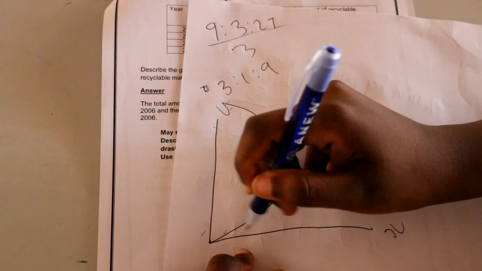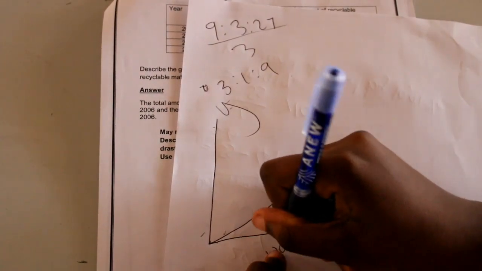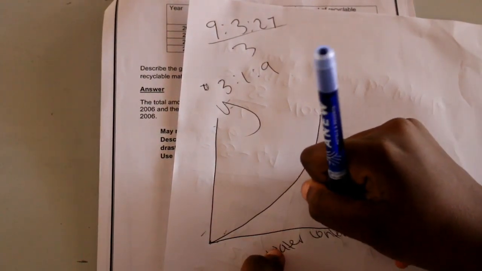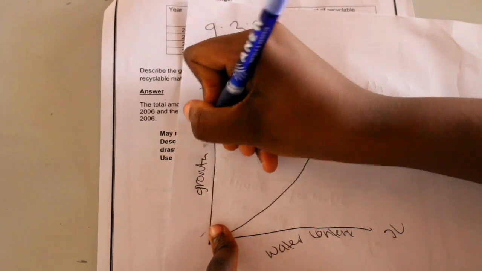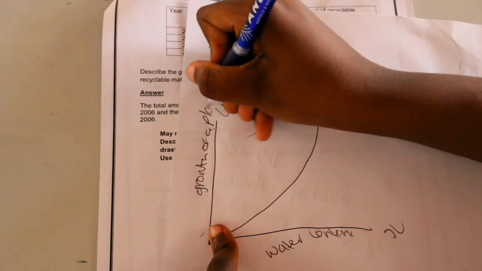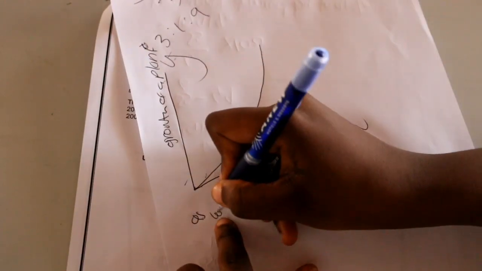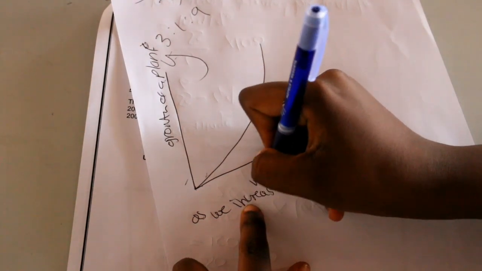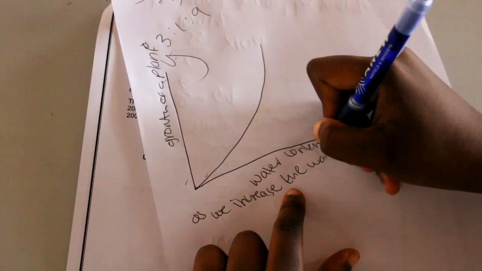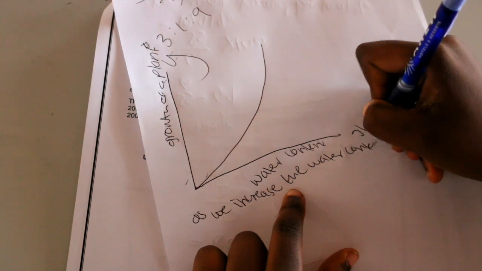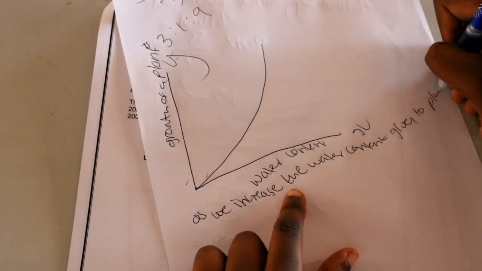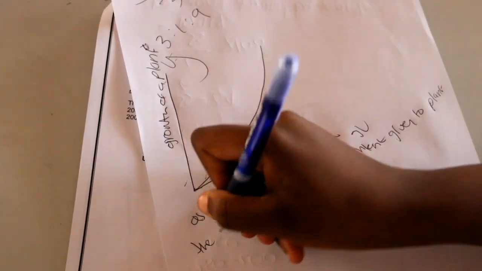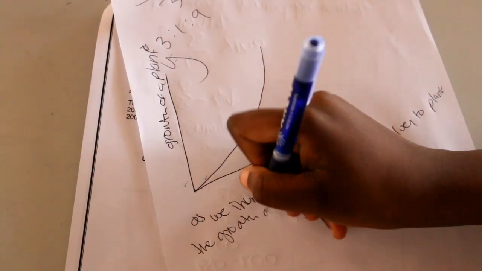Let me make an example about water content and growth of a plant. So my trend will be: as we increase the water content given to the plant, the growth of the plant increases.